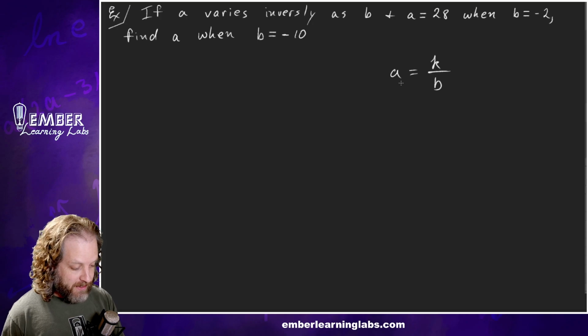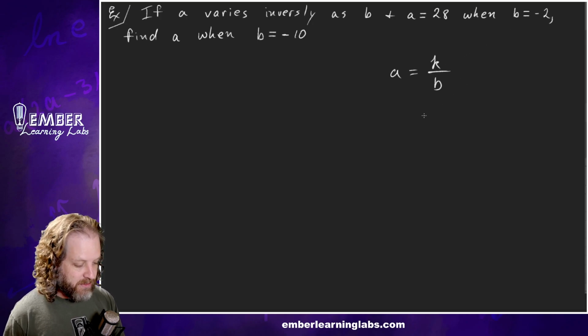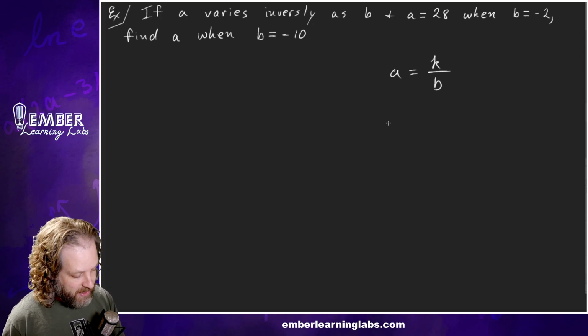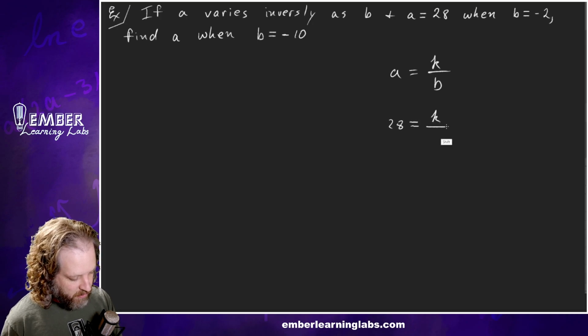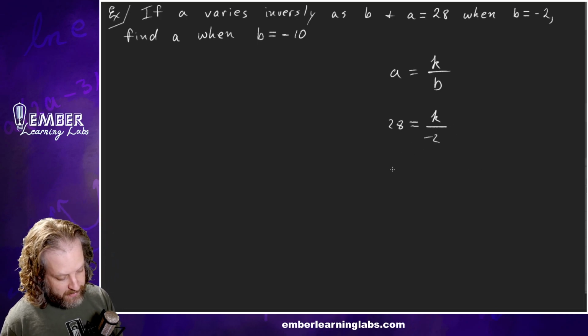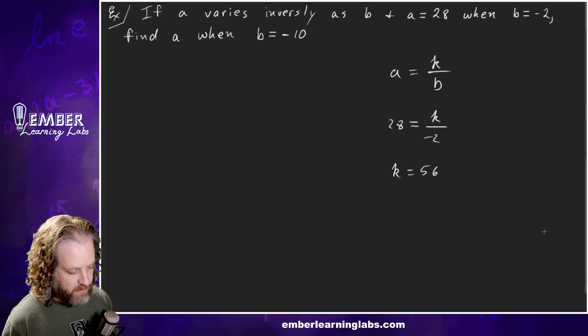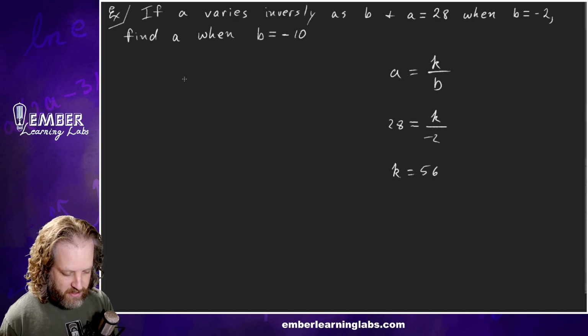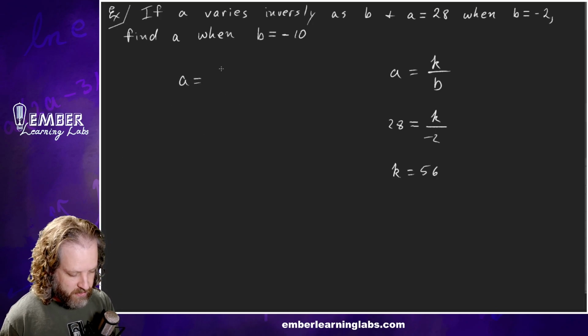So now we'll plug in 28 here and -2 there and solve for k. So 28 equals k over -2. How do we get rid of this -2? It's divided, so we multiply both sides by -2. So k equals 56. So our equation is a equals 56 divided by b.